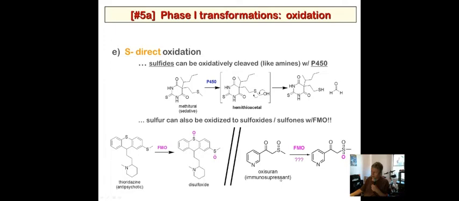Okay, I think for today we're going to stop. I'll continue with these phase 1 transformations, then go into phase 2 transformations next time, and then I think we'll transition into prodrugs, which is the next really cool section. Okay, well, hopefully this is interesting, and it shows how drugs are metabolized.